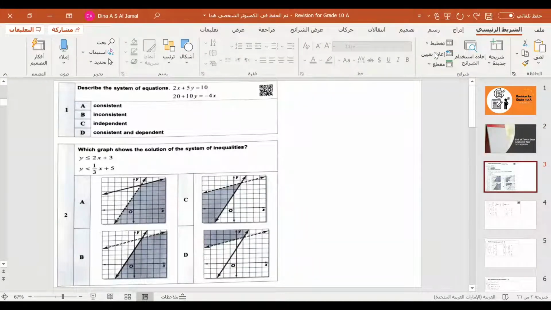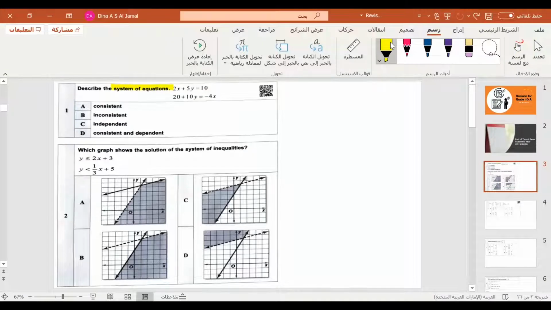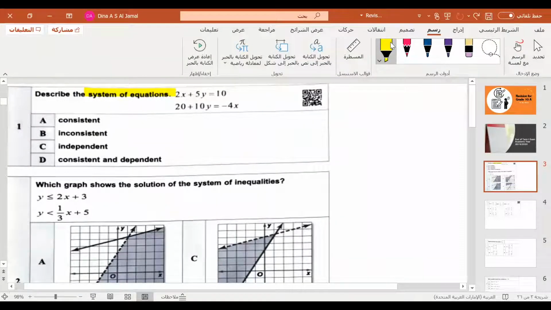At the beginning you are having systems of equations: 2x plus 5y equal to 10, and another one 20 plus 10y equal minus 4x.